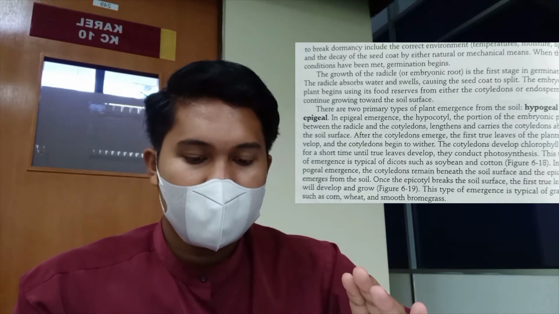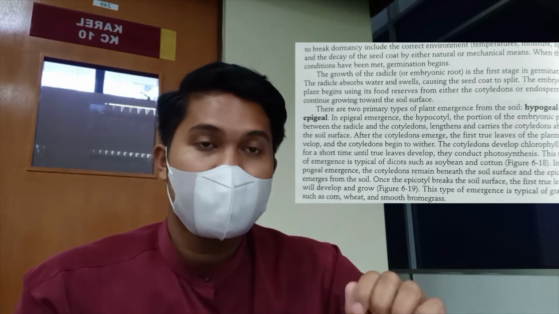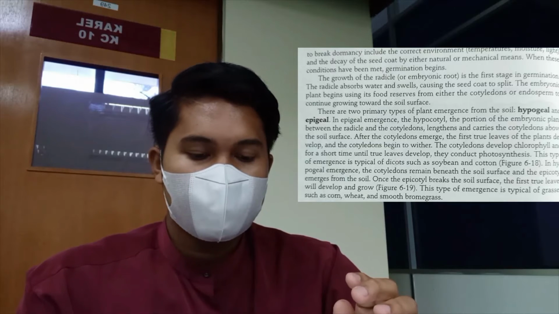Once the epicotyl breaks the soil surface, the first true leaf will develop and grow. This type of emergence is typical of grasses, such as corn, wheat, and smooth brome grass. As you can see, this is another picture of hypogeal.